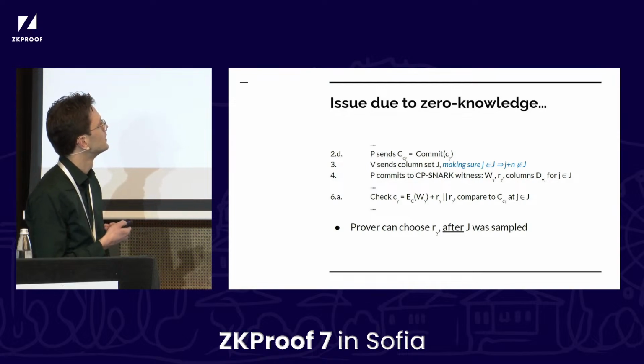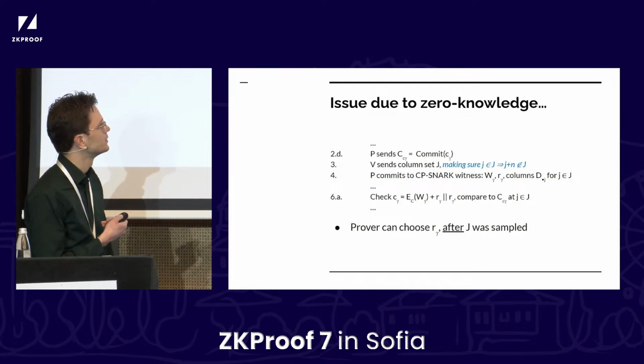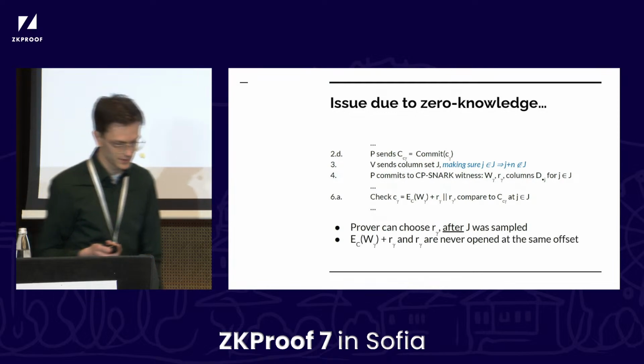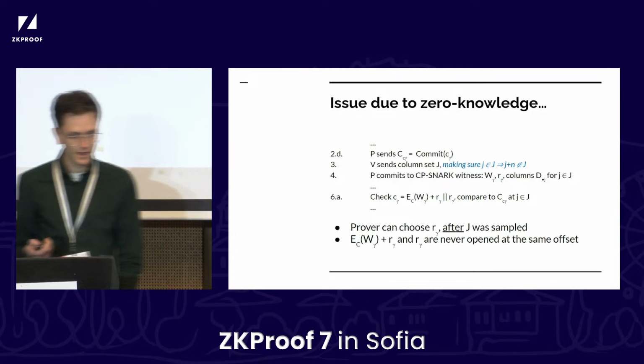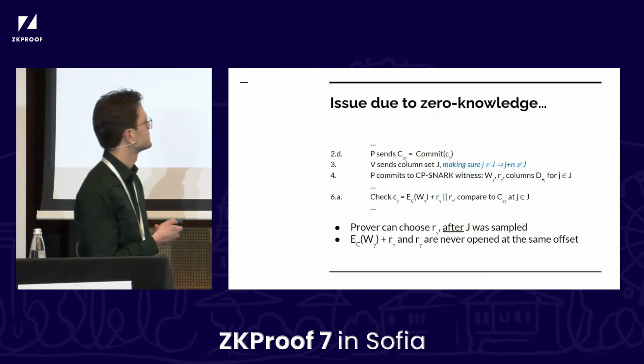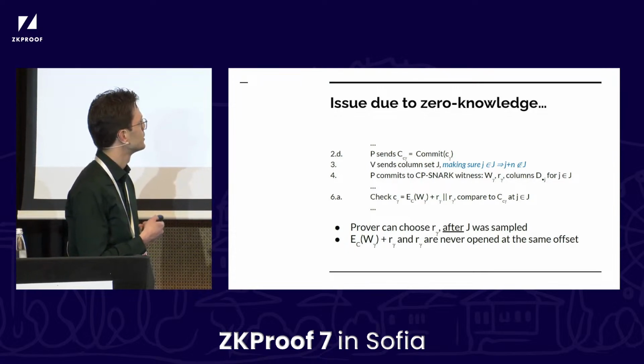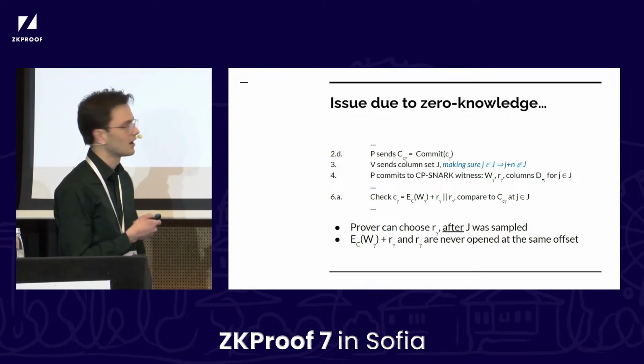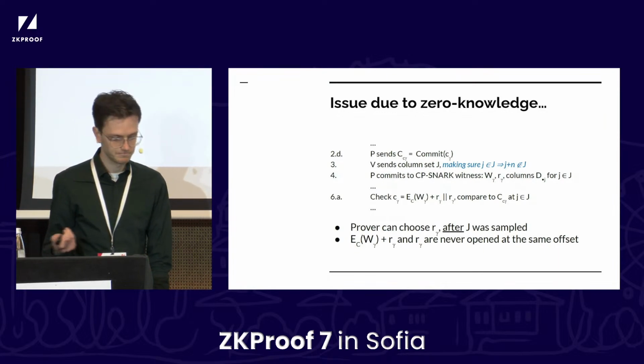So the prover already knows at which columns this condition will be checked. And another issue is that the encoding and the randomness are never checked at the same offset.